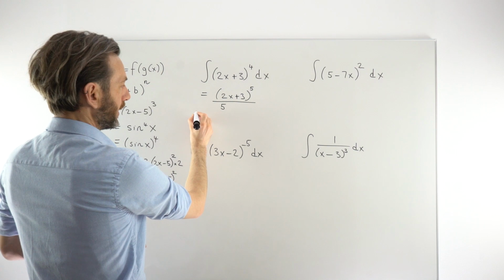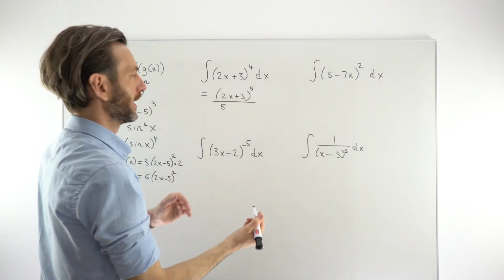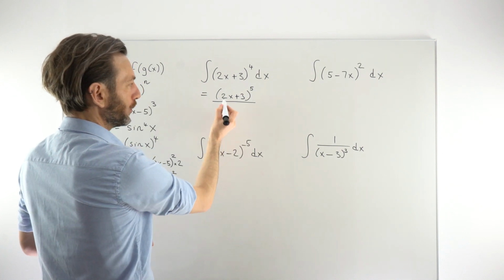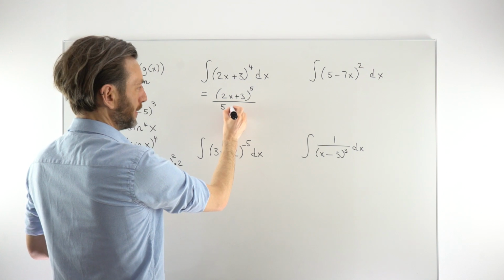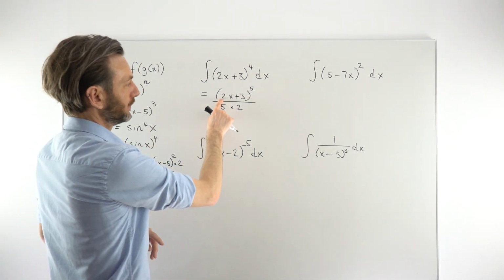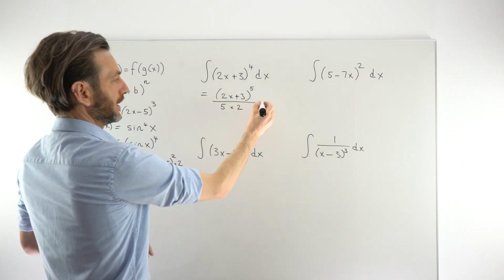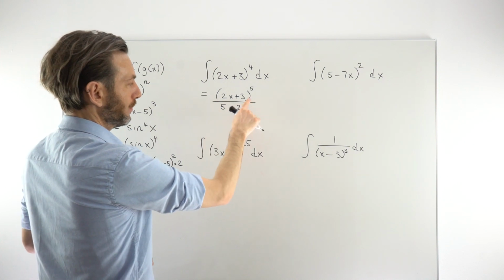We could write that as over 2 to create a second fraction, but that starts to get ugly. We can just put the 2 on the bottom of the fraction that we've already got by multiplying it to the 5, because we wanted to divide by the 2. We could write divided by 2, but a neater way is just to put it on the denominator of the fraction.